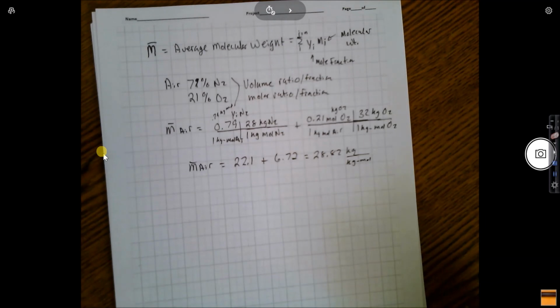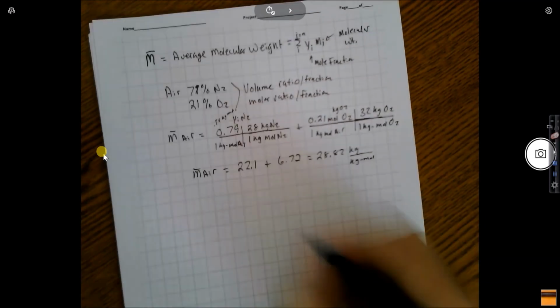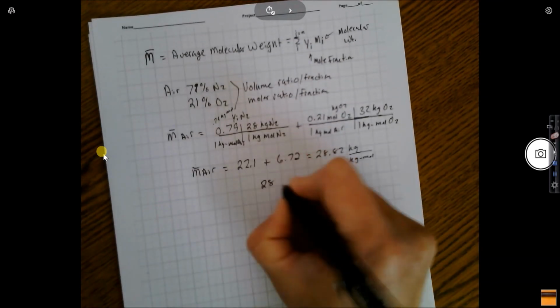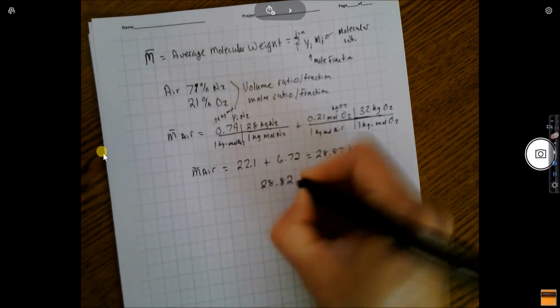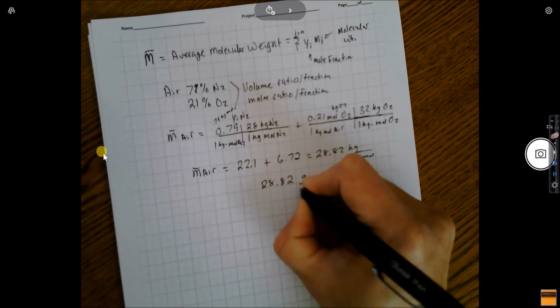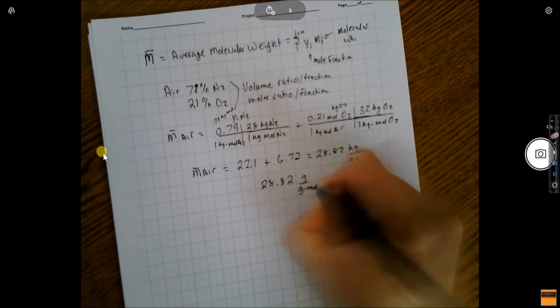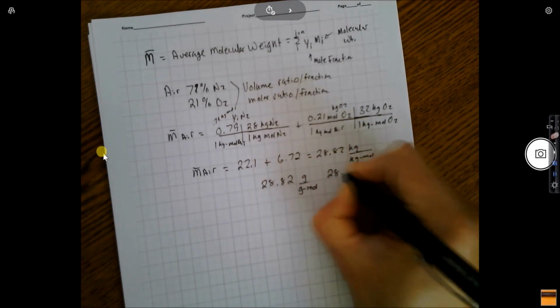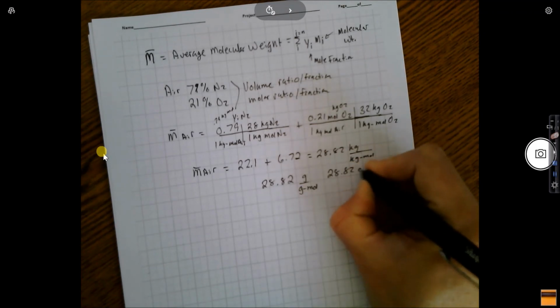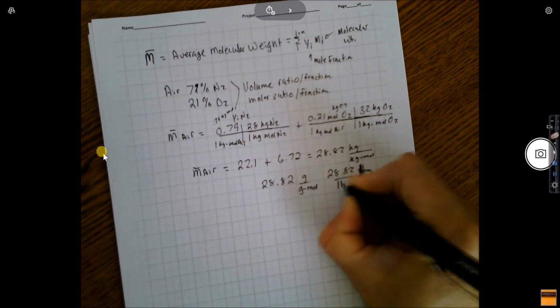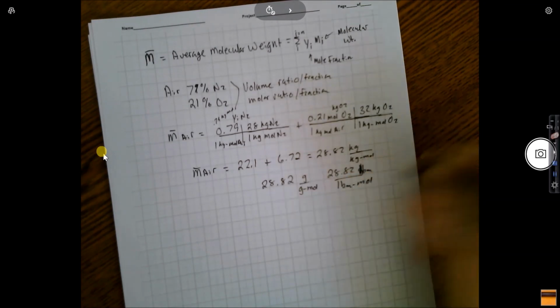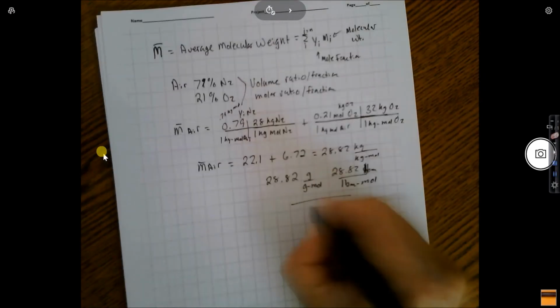Again, the same rule applies. The average molecular weight of air is 28.82 grams per gram mole, and 28.82 pounds mass per pound mass mole.